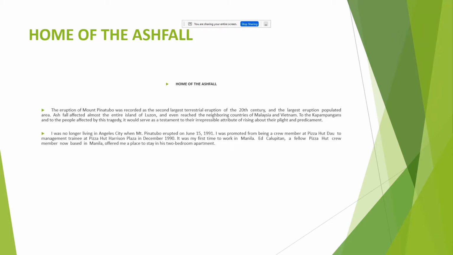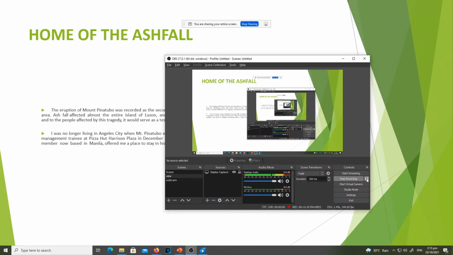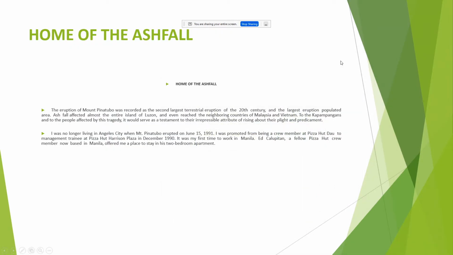Ayan. Wala na po. Wait lang. Zoom ko. Okay na ba? Okay pa. The Ashfall. Ano ba? Ako na.